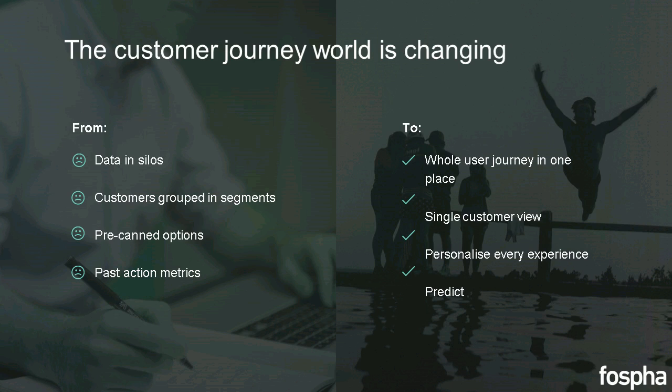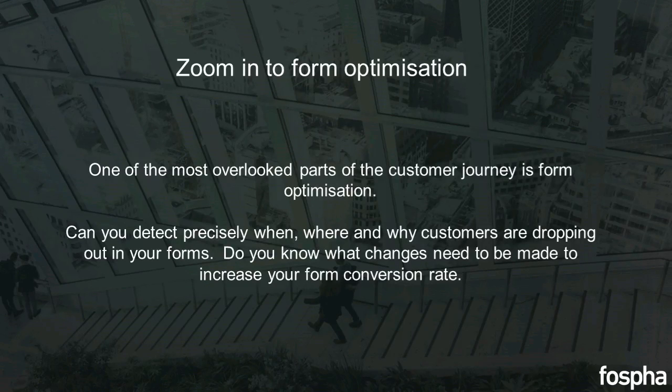If you look at organisations that are doing very well, they are having single customer views, they're basing action on the whole user journey, so they can not just optimize their forms, but actually start moving beyond that to personalize and predict. So yes, it's tough to optimize the customer journey, but we've certainly found focusing on forms is probably the area of biggest opportunity that's out there.